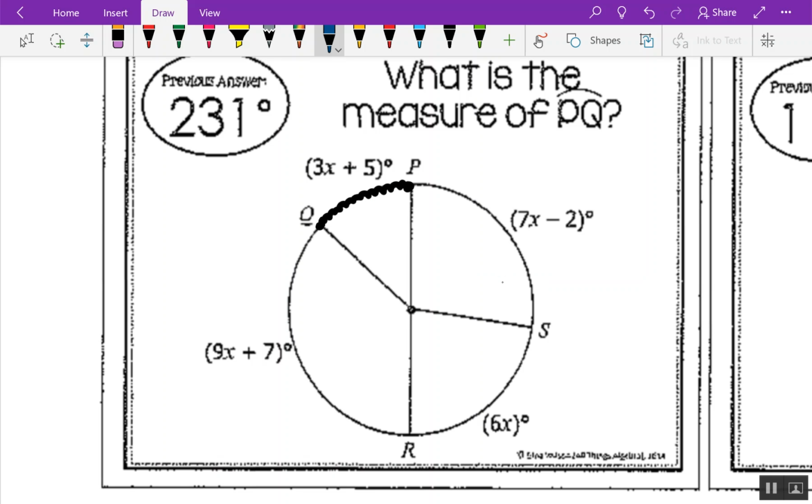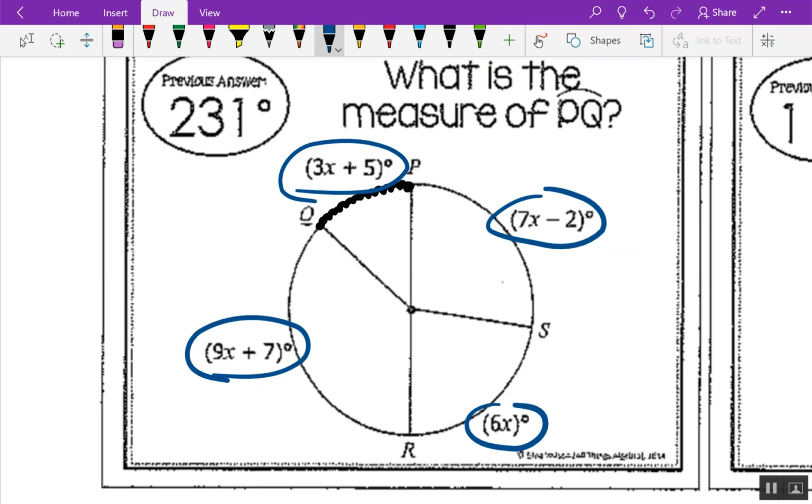She said that this is a full circle, right? That's 360, so that means all of these arcs add up to 360. That means add them up and set it equal to 360. Combine like terms and set it equal to 360. Alright, so you go ahead and do that real quick.